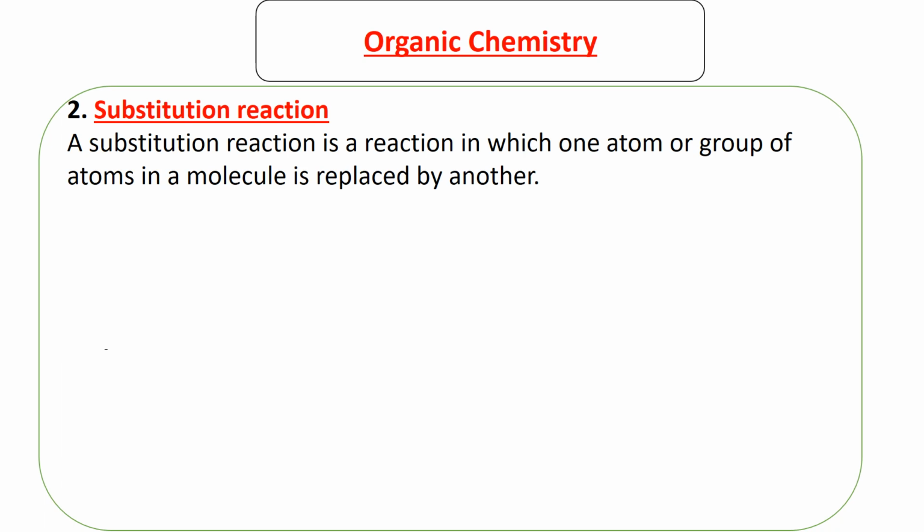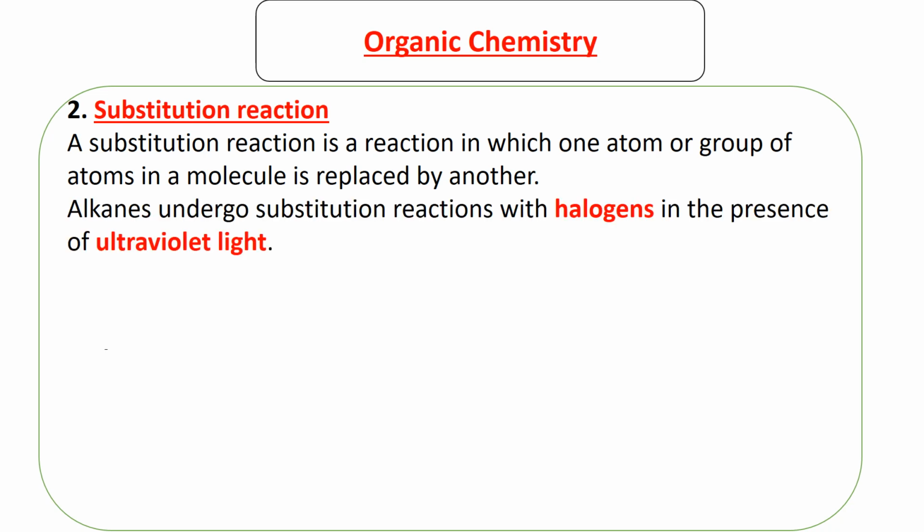So a substitution reaction is a reaction in which one atom or group of atoms in a molecule is replaced by another. Alkanes undergo substitution reactions with halogens in the presence of ultraviolet light. Ultraviolet light is also found in sunlight. This ultraviolet light acts as a catalyst. It speeds up the process.